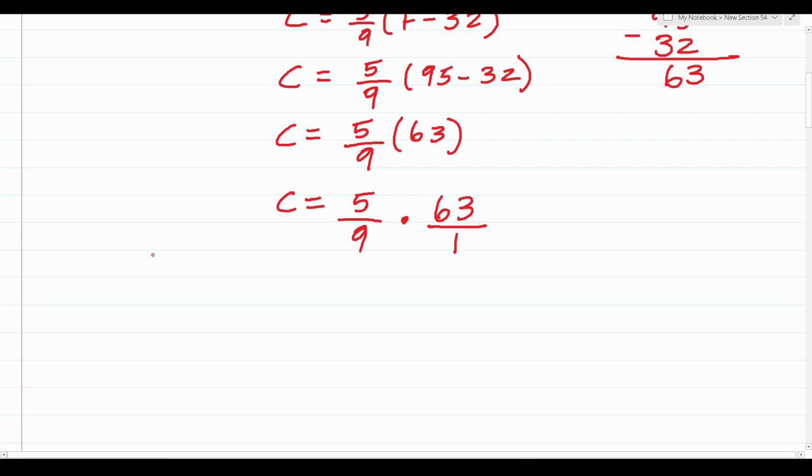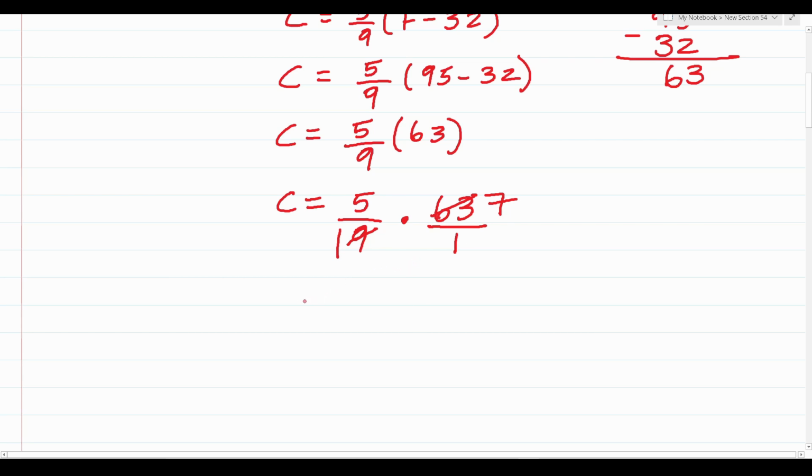That said, in this case, this one's a little bit easier than that because you may have noticed that both 63 and 9 have a common factor of 9. That is to say, 9 goes into 9 one time, and 9 goes into 63 7 times.